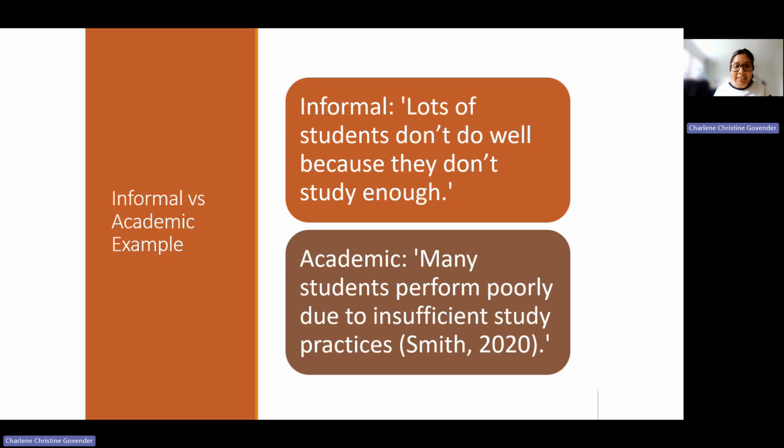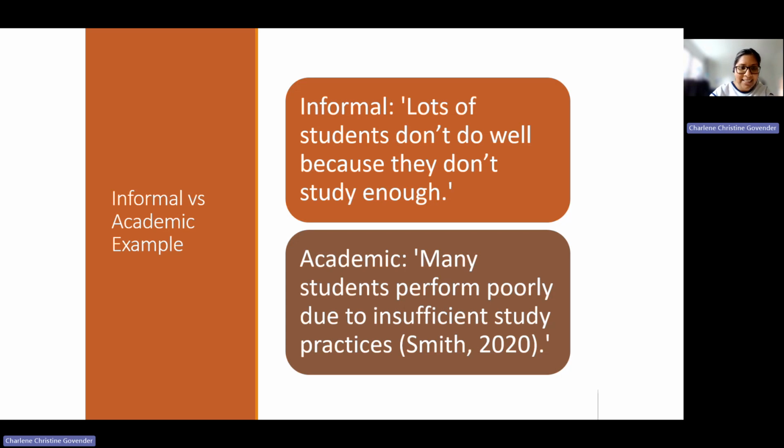Now, you may already incorporate this by adding in your research to back up any claims that you are making. However, if you don't, or you're in the practice of trying to switch out and you're just unsure, I would say practice as much as you can, noticing the differences between these two examples. It's not slang in the academic one, it's using precise language.